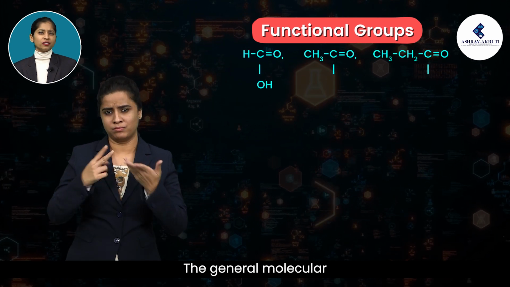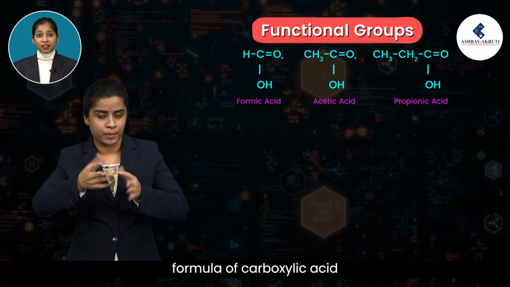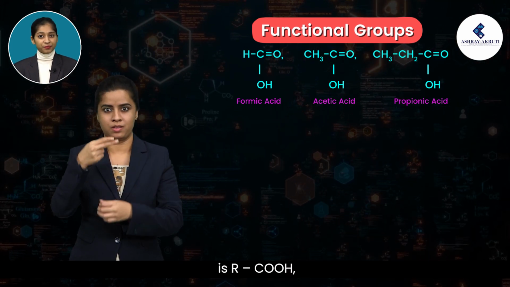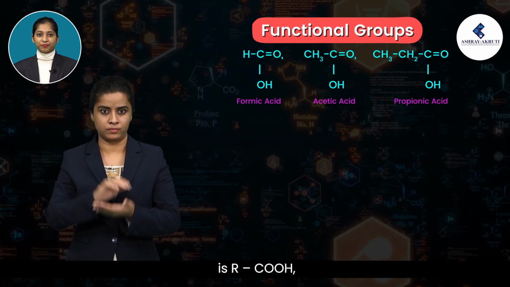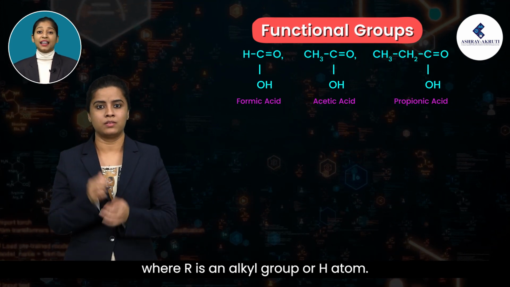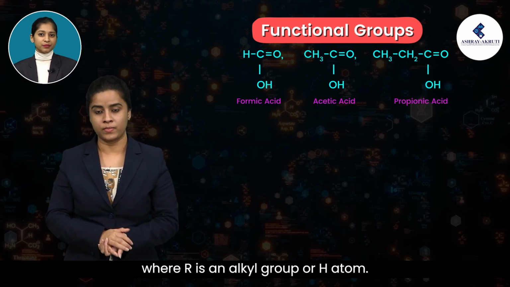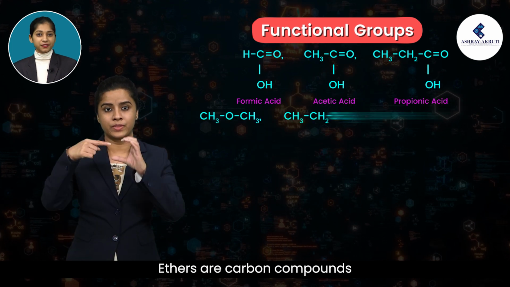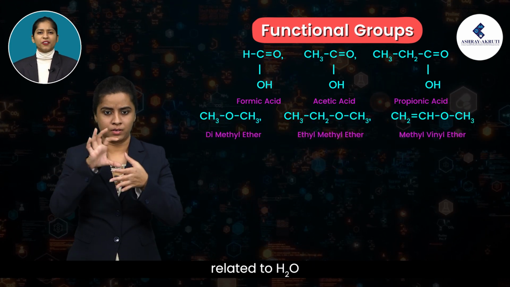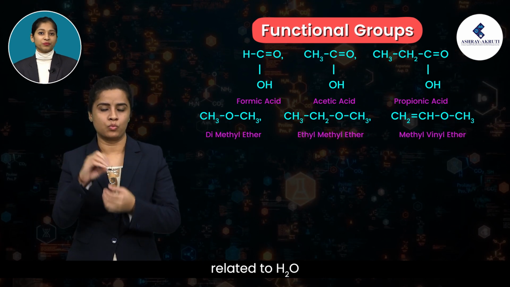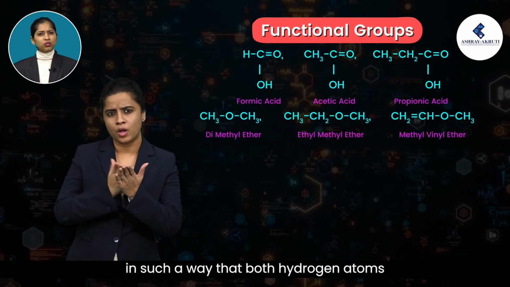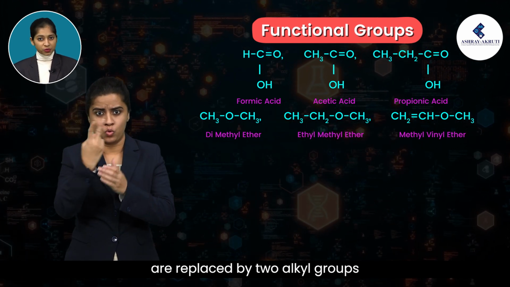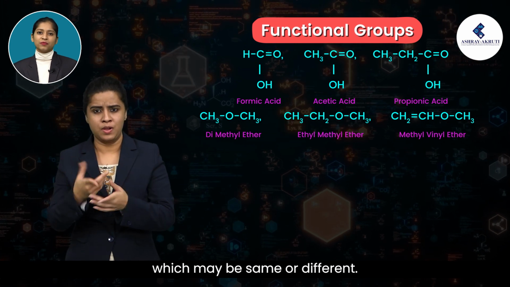The general molecular formula of carboxylic acid is RCOOH, where R is an alkyl group or H atom. Ethers are carbon compounds related to H2O in such a way that both hydrogen atoms are replaced by two alkyl groups which may be same or different.